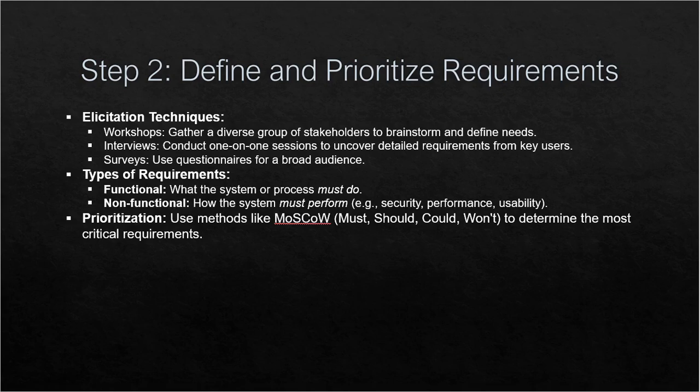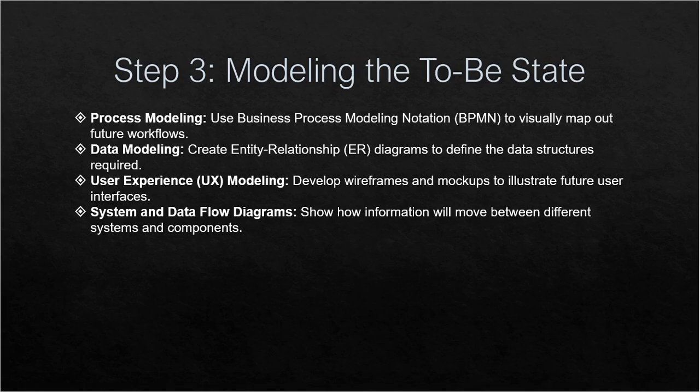It helps us identify which requirements must be in this solution, which should be, which could be, and which will not be part of the solution. After prioritization, we move on to modeling the to-be state. We start working on the to-be state and create its process flow, showing how it will look: process modeling, data modeling, user experience modeling, and system data flow modeling.